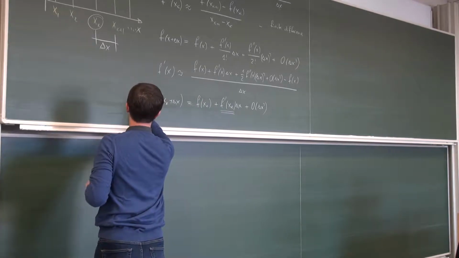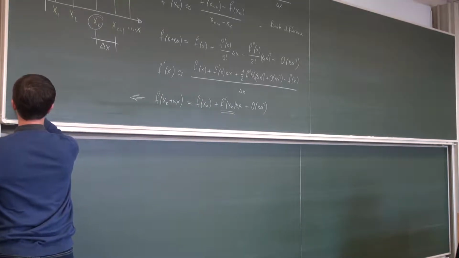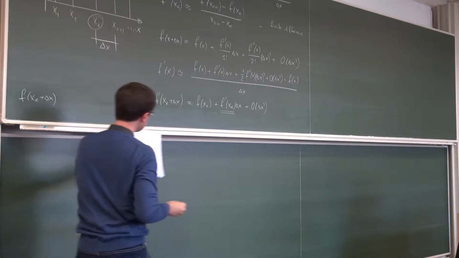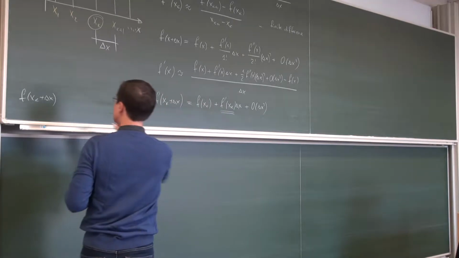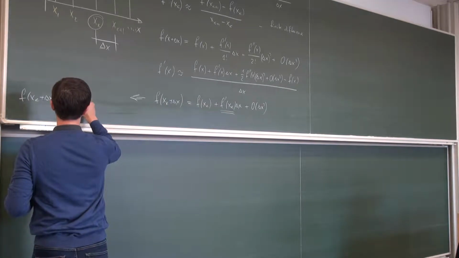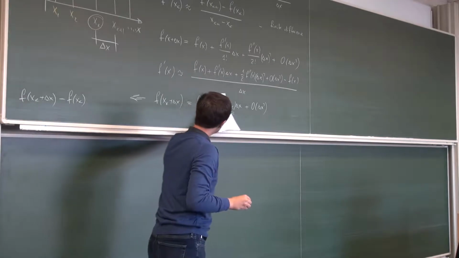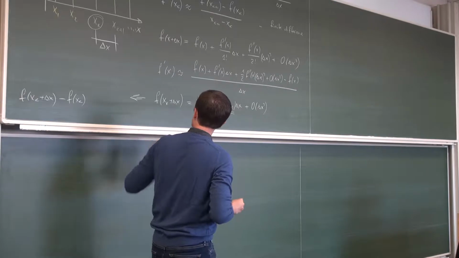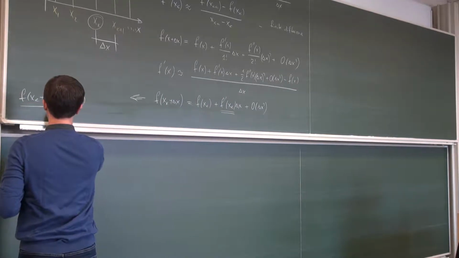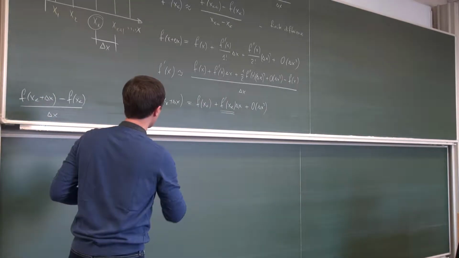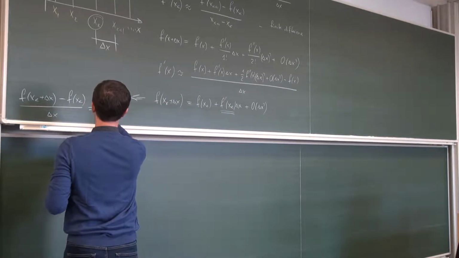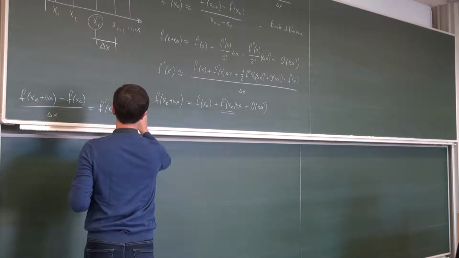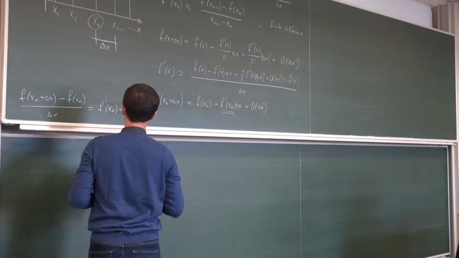So f of xk plus delta x minus f of xk equals f prime of xk times delta x, and we'll divide delta x out, plus something of the order of delta x squared.